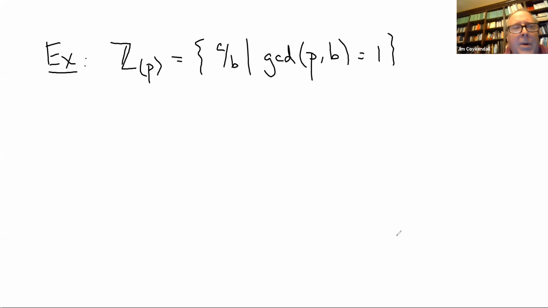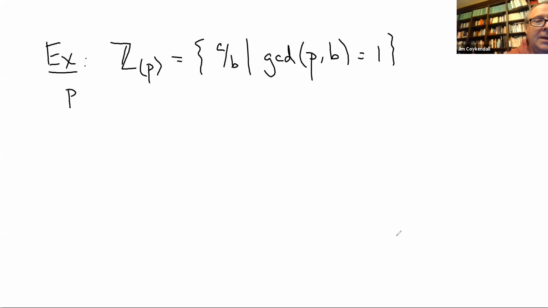Now, this is, I hope, a familiar example. This is the set of all fractions in the rational numbers where the denominator is relatively prime to p. We've seen that this is a valuation domain. In fact, it's a PID with only one prime, and pZ_(p) is its unique maximal ideal.